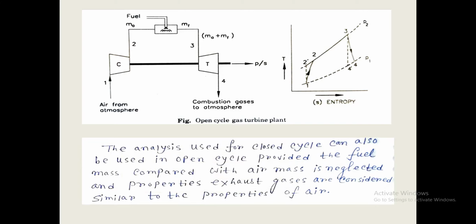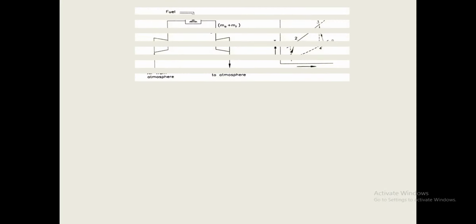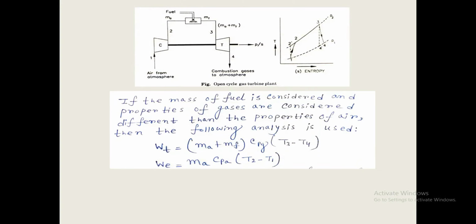The analysis used for the closed cycle can also be used in the open cycle provided the fuel mass compared with air mass is neglected and the properties of exhaust gases are considered similar to the properties of air. If the mass of fuel is considered and properties of gases are considered different from the properties of air, then the following analysis is used.